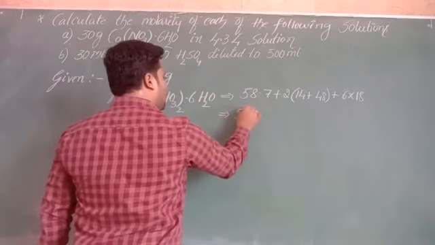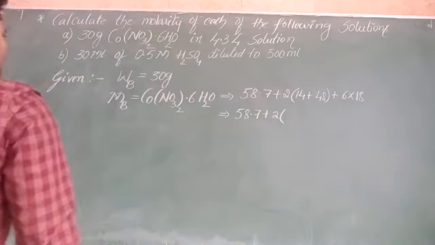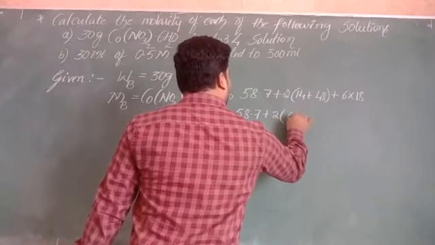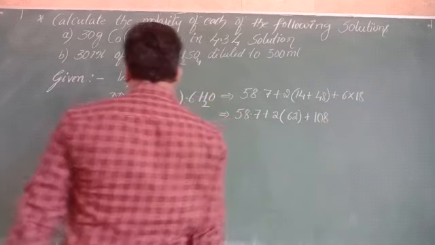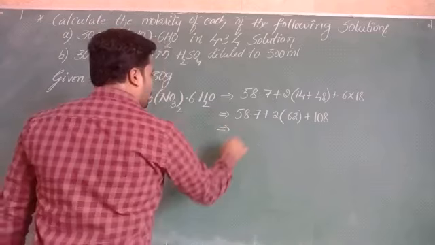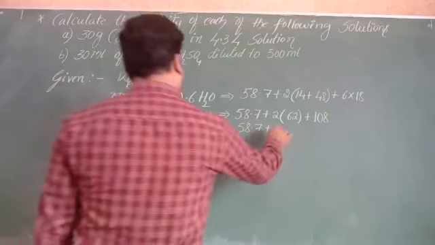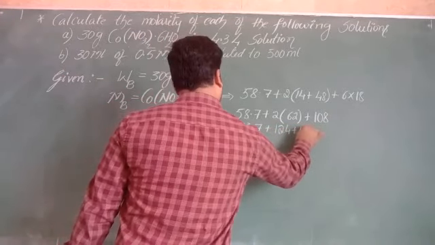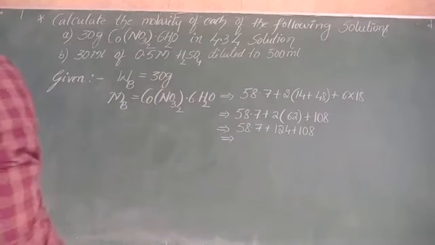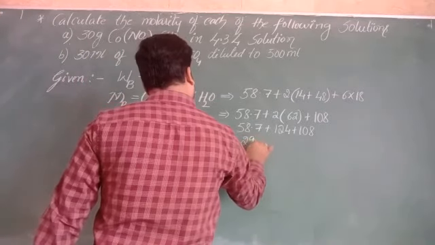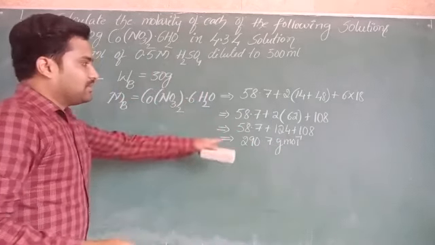So overall it is 58.7 plus 2 into 14 plus 48, that comes around 62, plus 18 into 6, that is 108. So 62 into 2 is 124. Now 58.7 plus 124 plus 108 is 290.7 gram per mole.